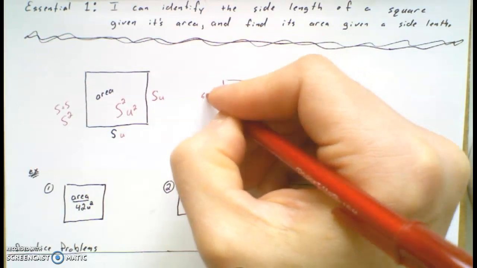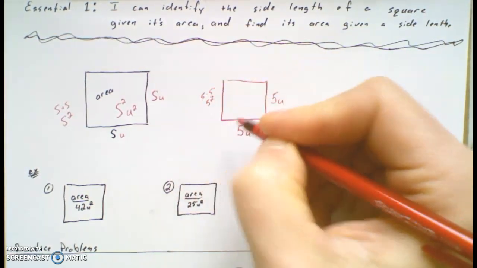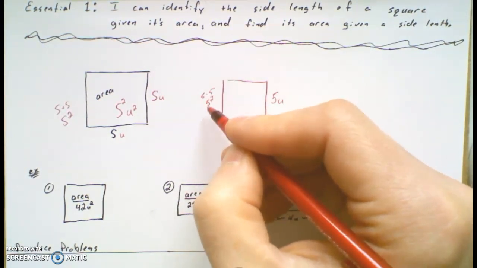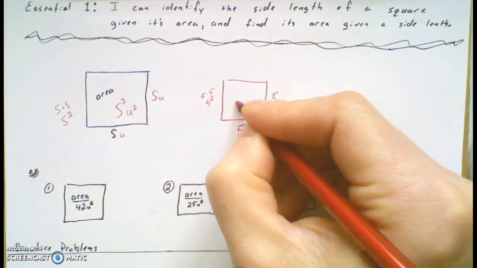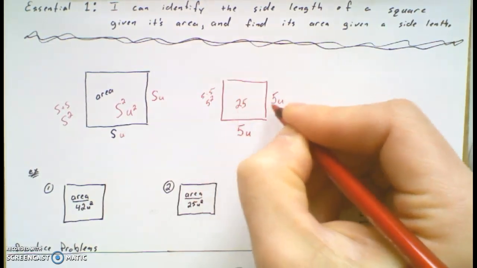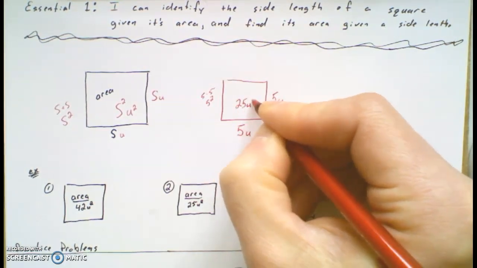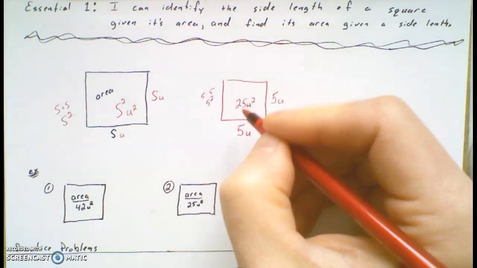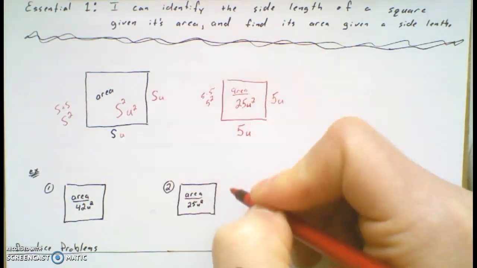So again, that's going to be 5 times 5, or we can write that as 5 squared. But now that we're dealing with actual numbers, we can actually do this math. 5 times 5, or 5 squared, is 25. And again, we're going to mark these with just units squared. We're not going to deal with centimeters or inches, we're just going to call them units. So it's 25 units squared, and that's the area on the inside.